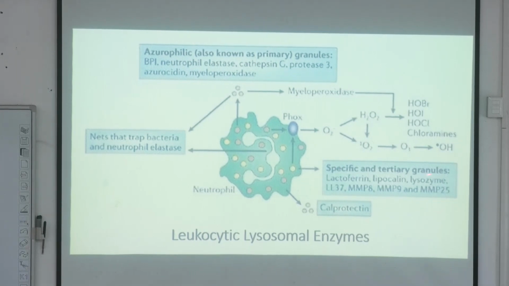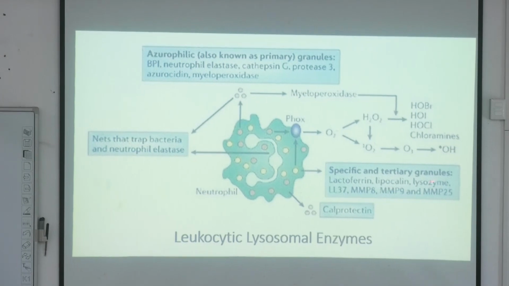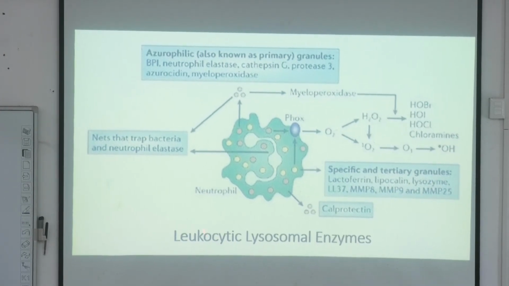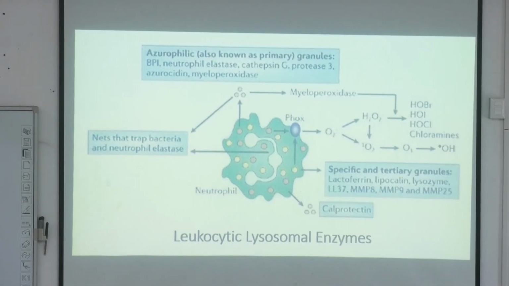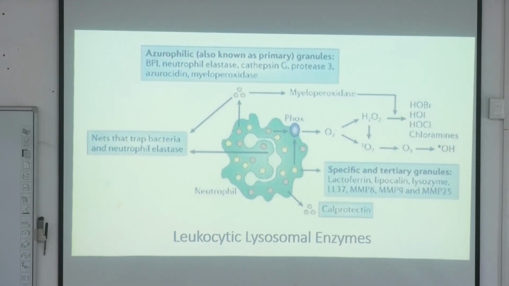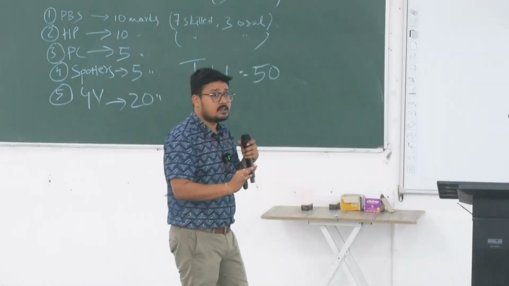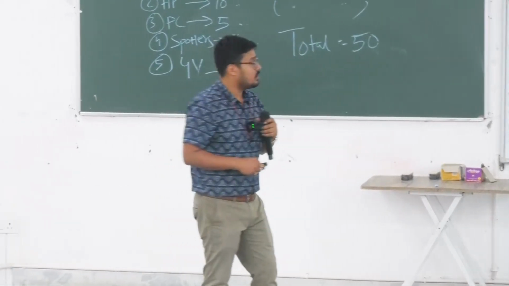The specific and tertiary granules contain lactoferrin, lipocalin, and lysozyme. So these leukocytic lysosomal enzymes have a bactericidal effect. They kill the bacteria by digestion and by the action of the specific lysosomal enzyme, by the mechanism of phagocytosis. Okay.